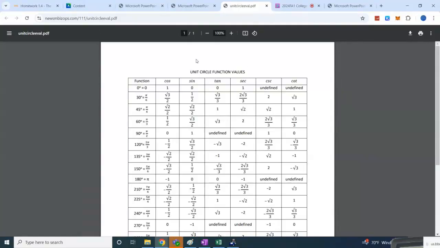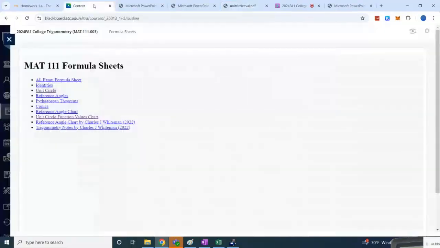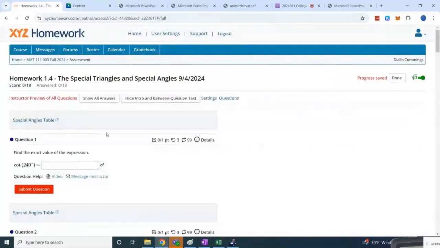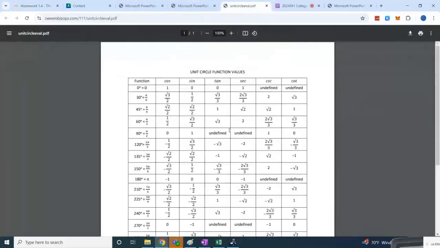All right, so just taking a look at this unit circle function value sheet, and if we take a look at some of the homework problems. This is problem number 1. It says find the exact value of the expression, the cotangent of 240. So in order to find the cotangent of 240, I'm going to pull up the unit circle function value sheet.